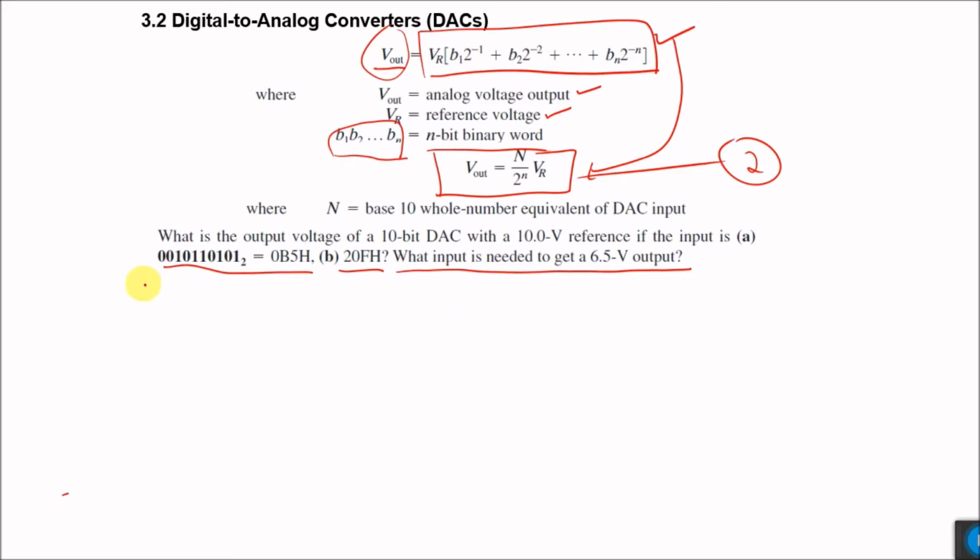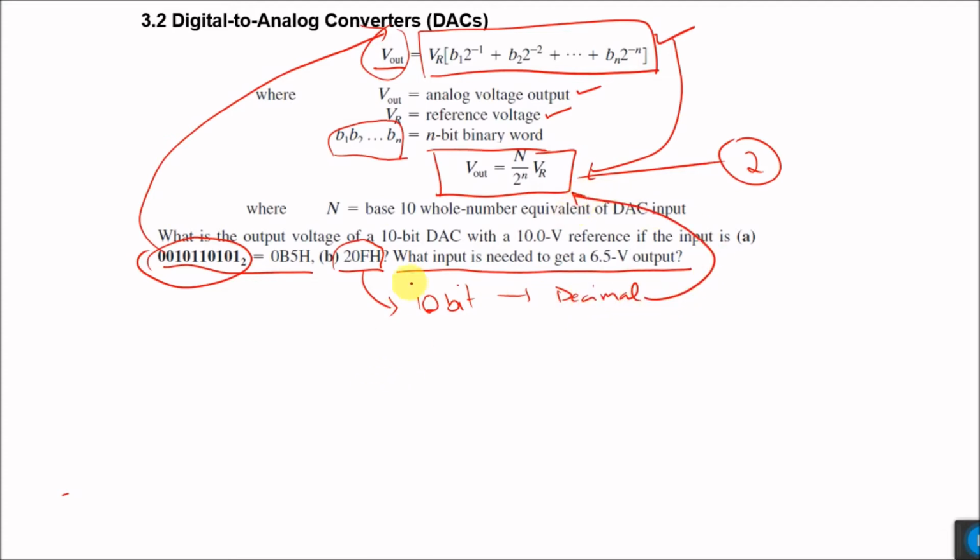In the first part, we simply put this number into this formula and find out what will be the value of V out produced by this 10-bit digital to analog converter. In the second case, we have to convert this 20FH, that is a 10-bit number, into its decimal form and then use this formula to find out the value of V out.